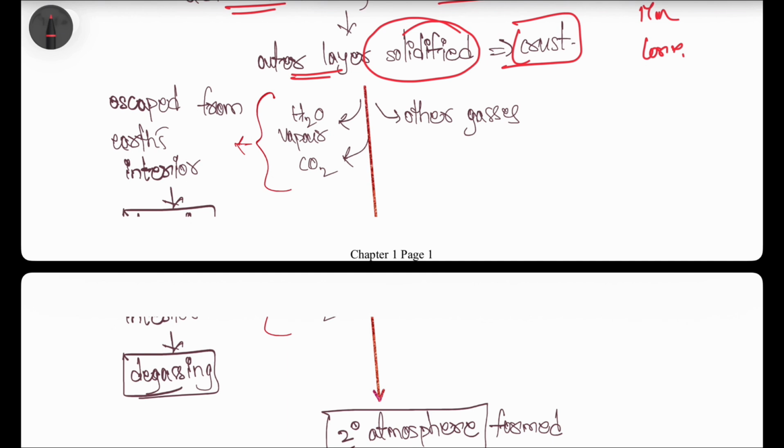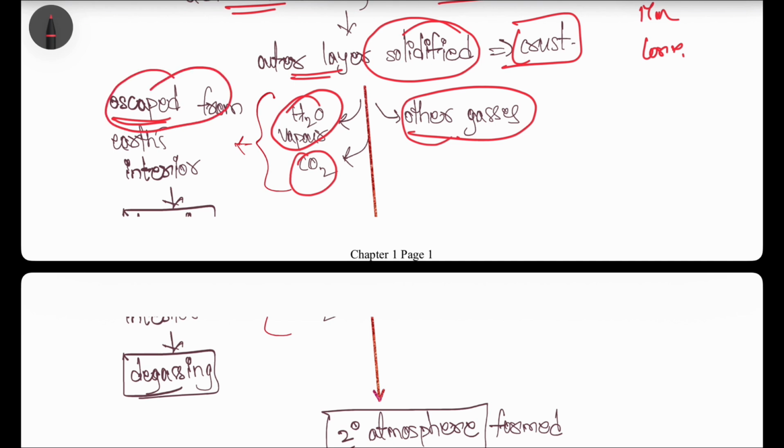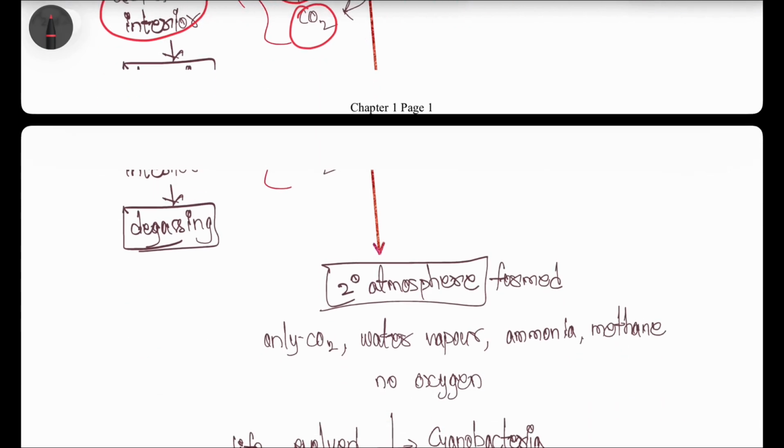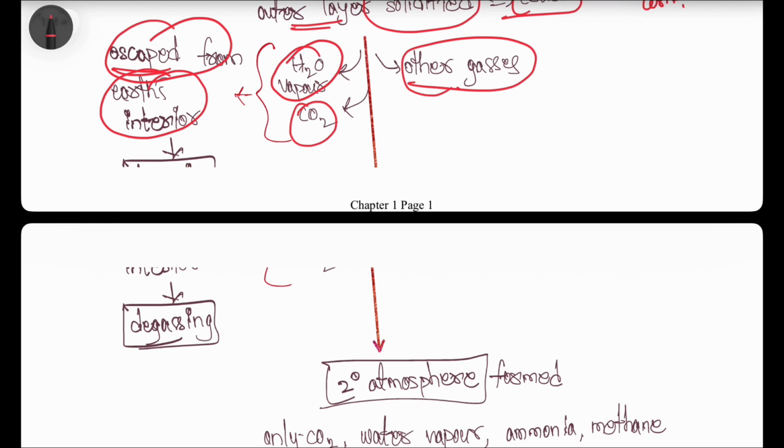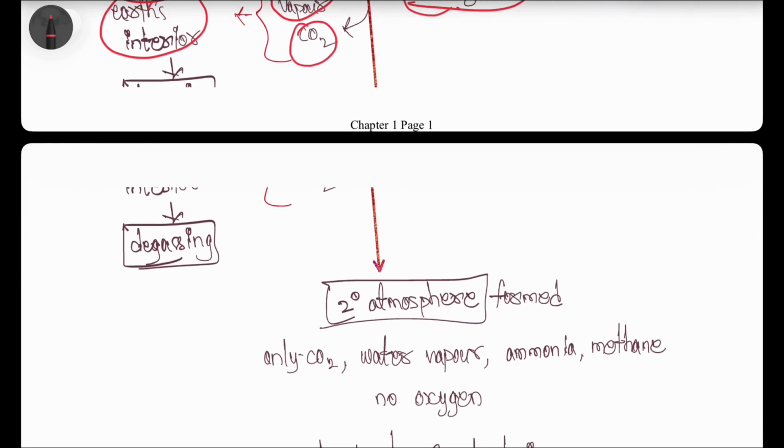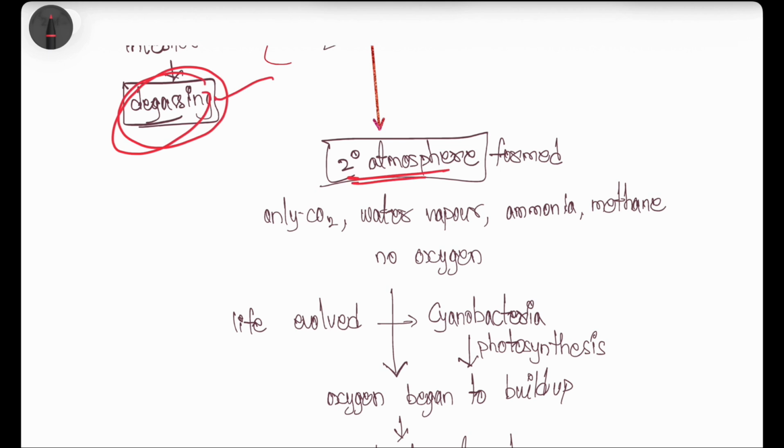After that, water vapor, carbon dioxide and various other gases started escaping from the Earth's interior. Once they escaped through the process of degassing, the secondary atmosphere was formed.